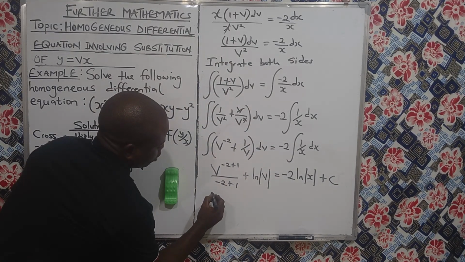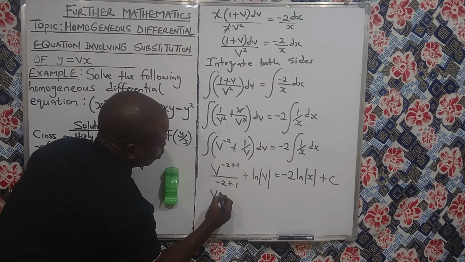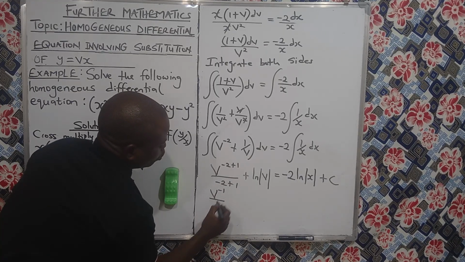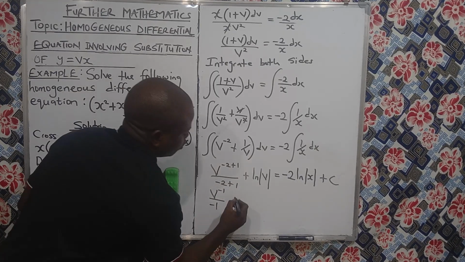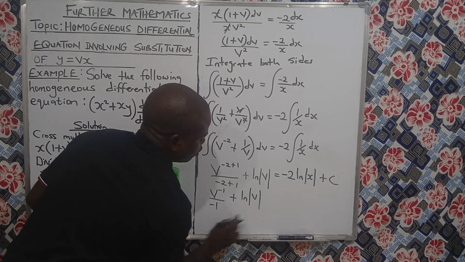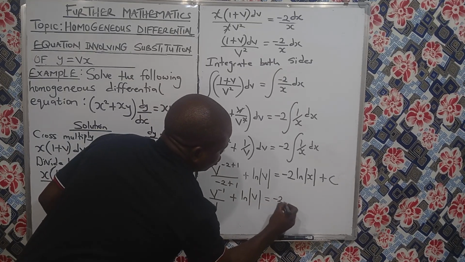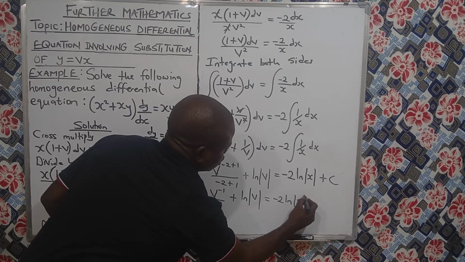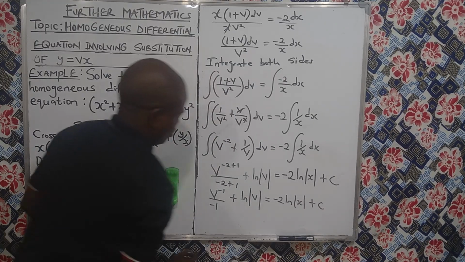Now v raised to power minus 2 plus 1 is minus 1, and minus 2 plus 1 is minus 1, plus ln v equals minus 2 ln x plus c.